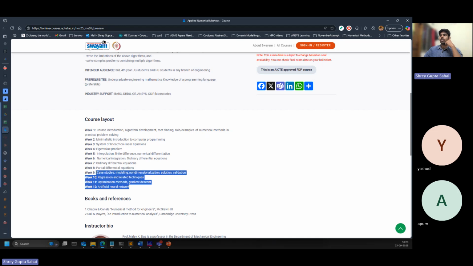Maybe physics informed artificial intelligence or neural networks or machine learning. What are your thoughts, or is there any particular area where you would like me to look into? How do you like this proposition of looking into physics informed neural networks?